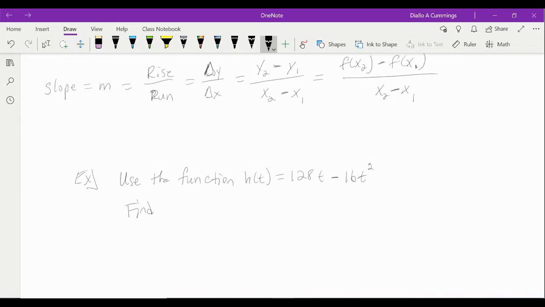And we're asked to find the average rate of change of the function from half a second to 1 second.